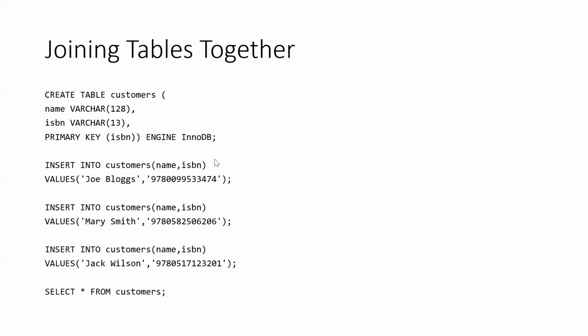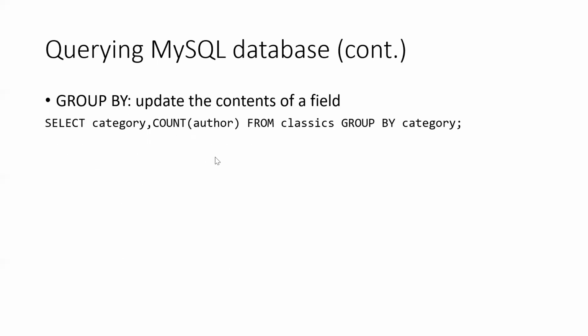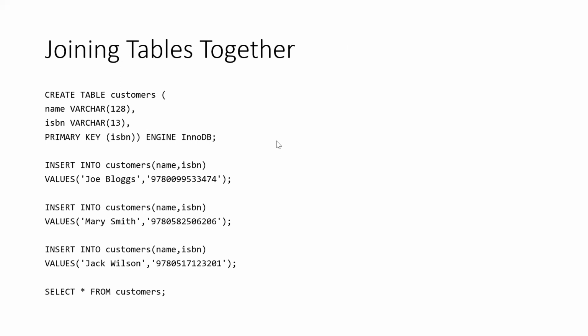Okay, so far we have discussed retrieving data, especially focusing only on one table. Now, we know already in relational databases, we have multiple tables. So look at this example.